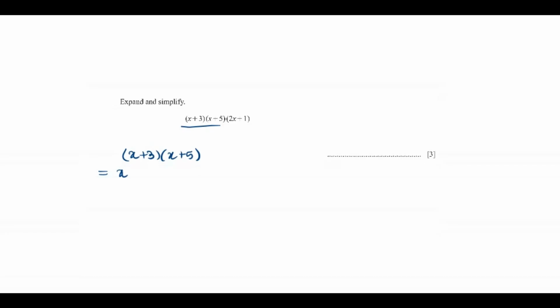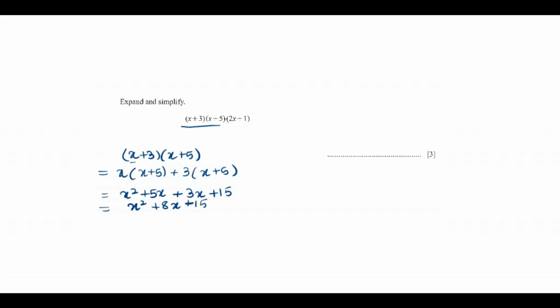First term of the first bracket multiplied by the whole of the second bracket. Second term of the first bracket multiplied by the whole of the second bracket. x into x, x square plus 5x plus 3x plus 15. Adding the like terms gives me x square plus 8x plus 15.